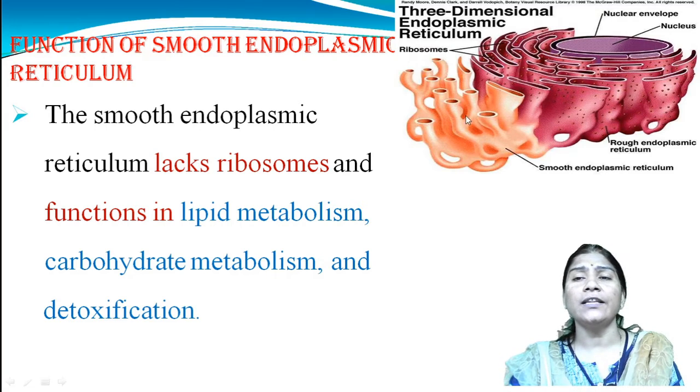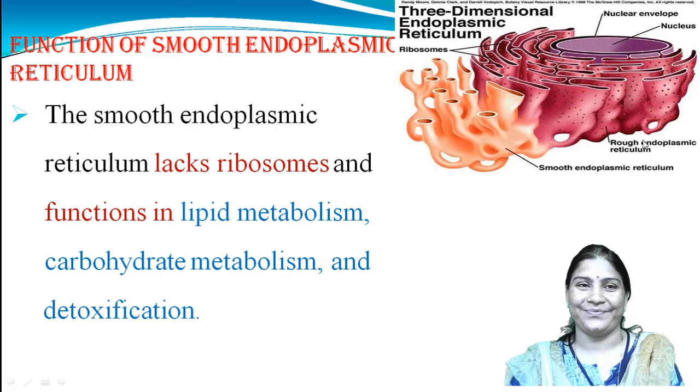When there is the network without ribosomes, we call it the smooth endoplasmic reticulum, and when there is the attachment of ribosomes, the surface of this endoplasmic reticulum is very rough, and that's why we call it the rough endoplasmic reticulum.